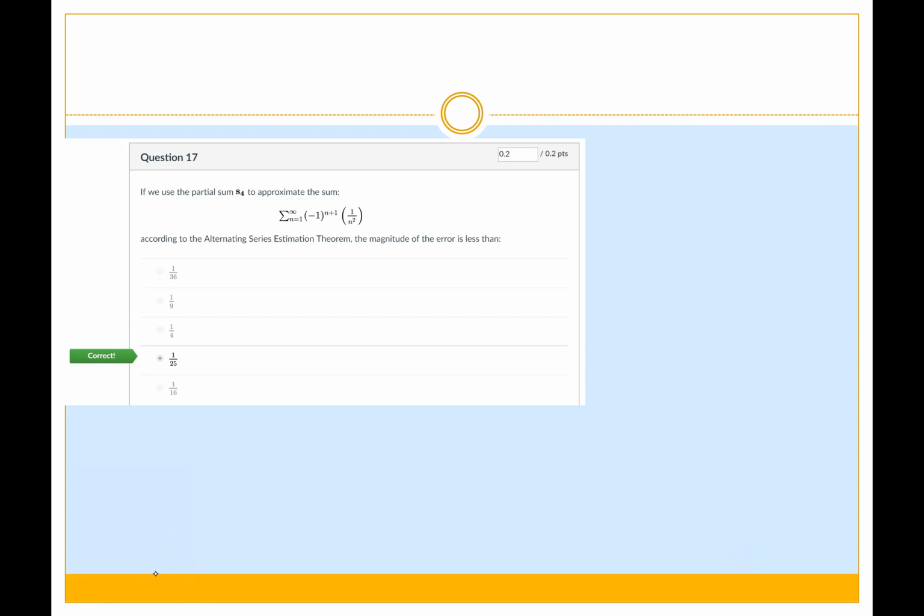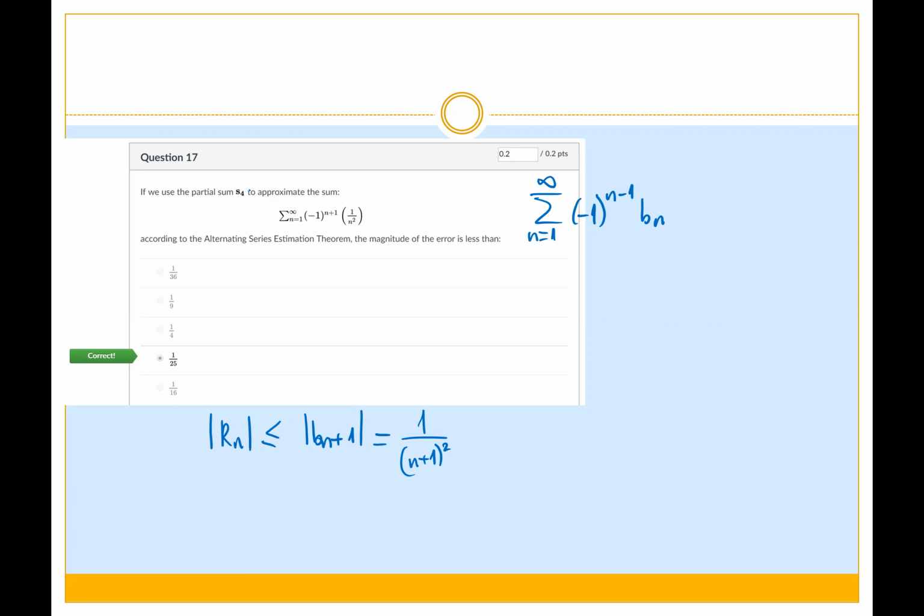If we use this partial sum to approximate the sum, like S4, then based on the alternating series estimation theorem, the error Rn is less than or equal to Bn plus 1, where Bn is the positive part of the alternating series, the part without the (-1)^n. Here the error is smaller than or equal to 1 over (n plus 1) squared, which is Bn.